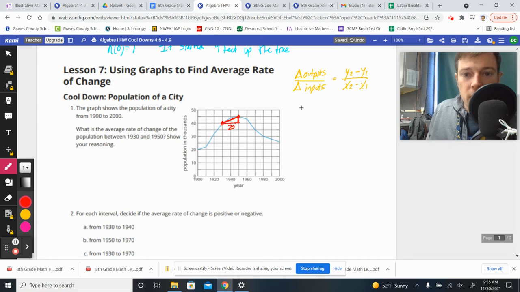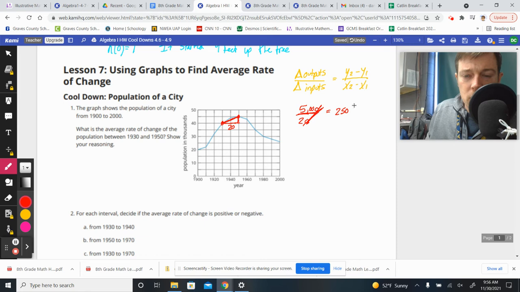That would be a change of 5 over a change of 20. Technically this is 5,000 per 20, since these are in thousands, which reduces to 250 people a year.